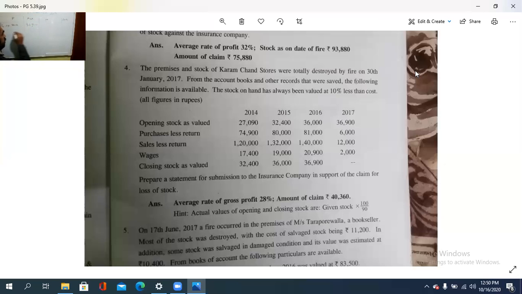36,900. Then purchases less returns 6,000. Then sales less returns 12,000. Okay. Then what is there? Wages. Wages it is 2,000.